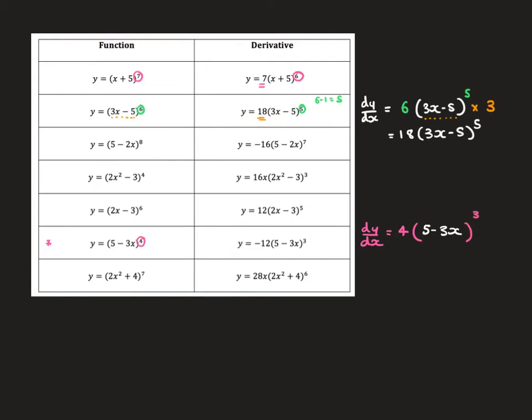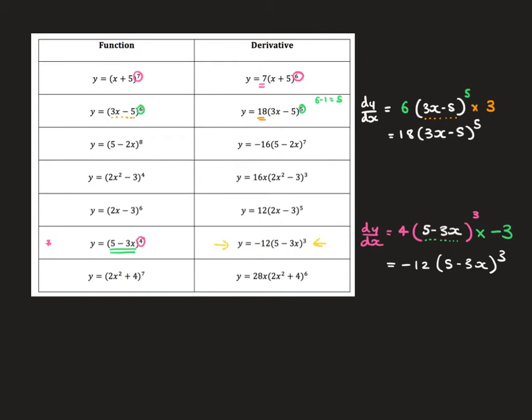But I must then multiply by the derivative of this inner function. Now, what is the derivative of the inner function? Differentiate 5 minus 3x and we get negative 3. So this then simplifies to give me negative 12 (5 minus 3x) all cubed, which is the answer that we have here.